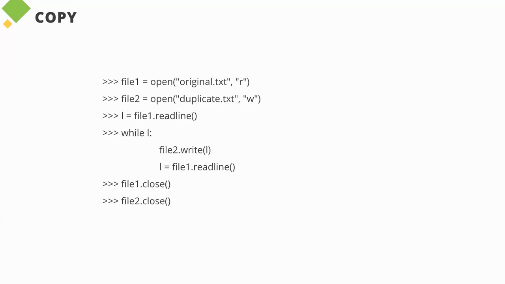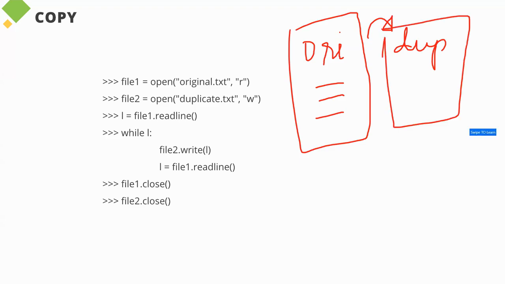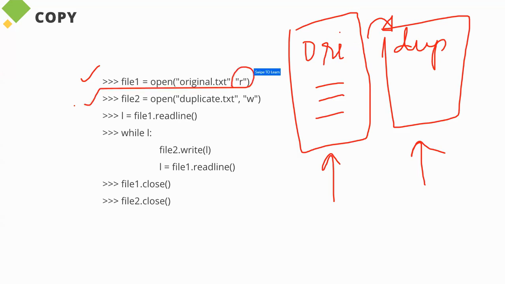Let's move on to copy. There is no predefined function for file copy. I have two files, original and duplicate. I have content in the original and nothing in the duplicate. I want to copy the original file's contents to the new file, duplicate. So I am opening both files. I am opening the original file in read mode, and the duplicate in write mode, because I am writing into it.